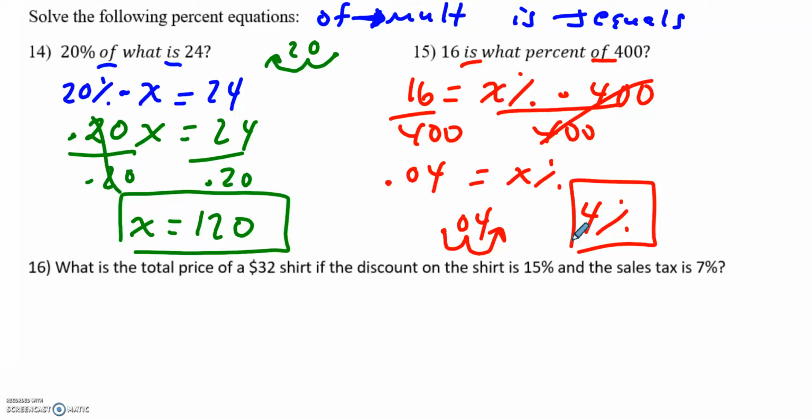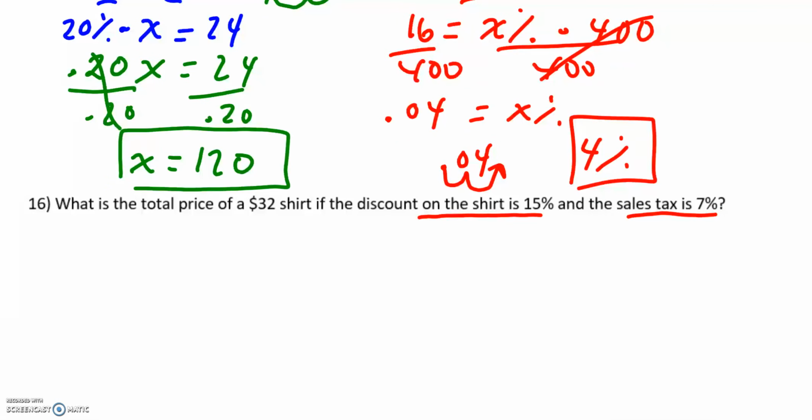Number 16, what is the total price of a $32 shirt if the discount on the shirt is 15% and the sales tax is 7%? So this is another problem I'm going to do two ways, and you can choose which one you like more. As a reminder, the longer way, what we could do is take the $32 and worry about the discount first.